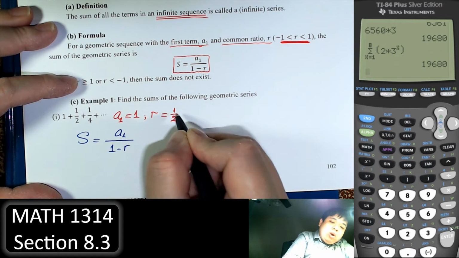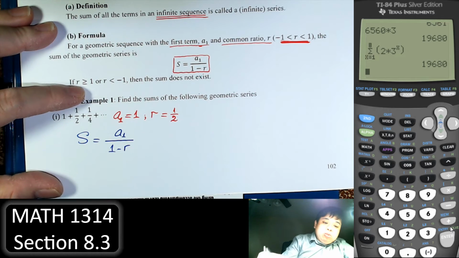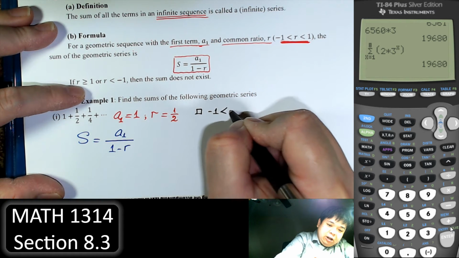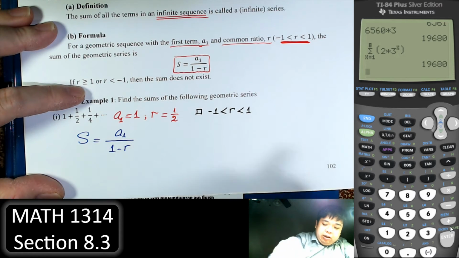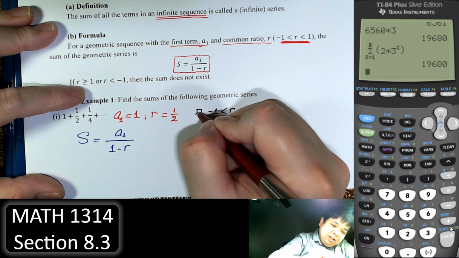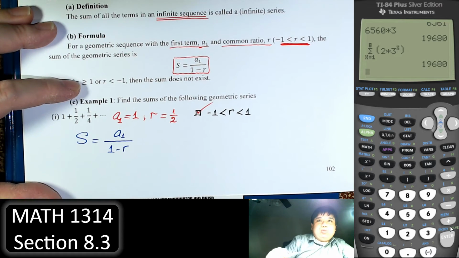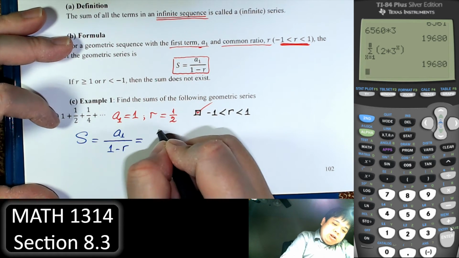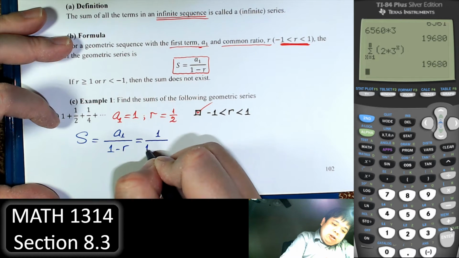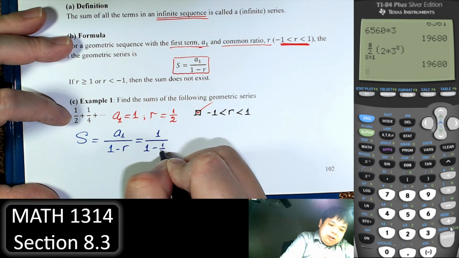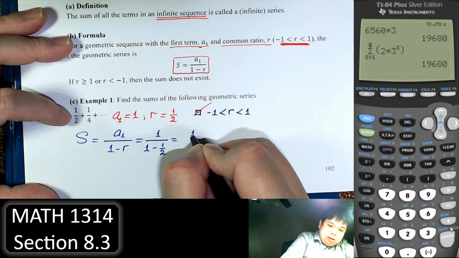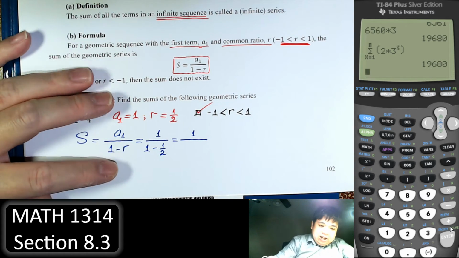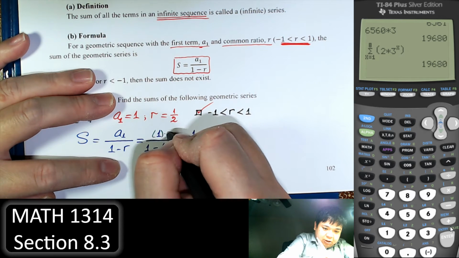Just make sure that whenever we write r, just do the little check between -1 and 1. If it is the case, yes, so we can add them. a1 is 1, r is 1/2. This, I can just multiply everything by 2.